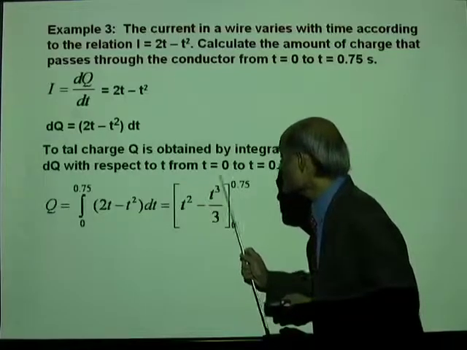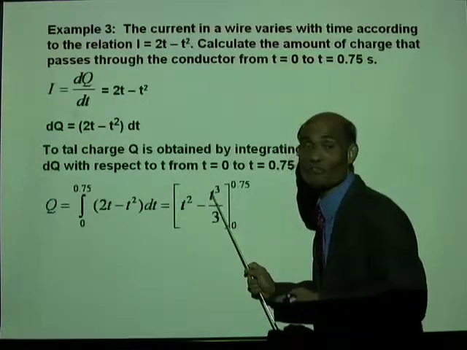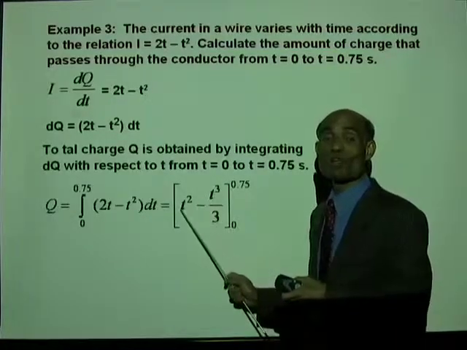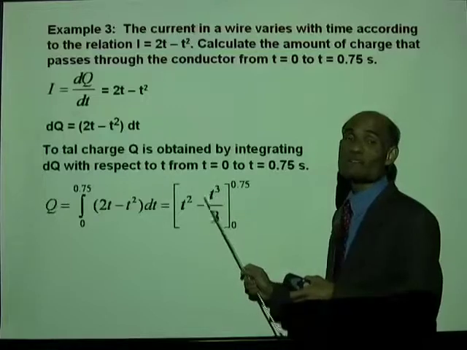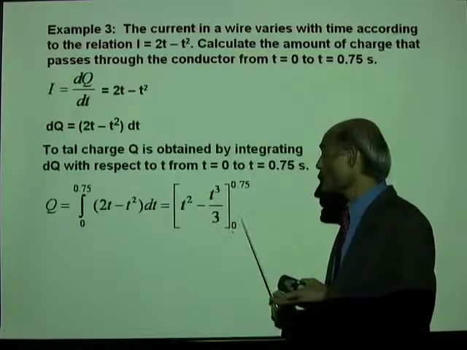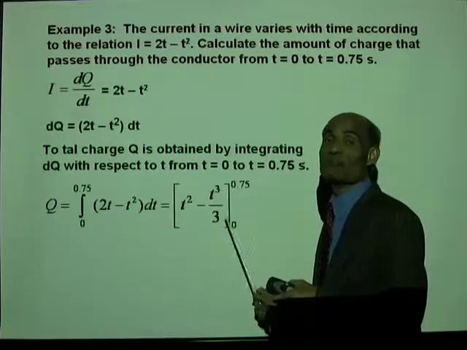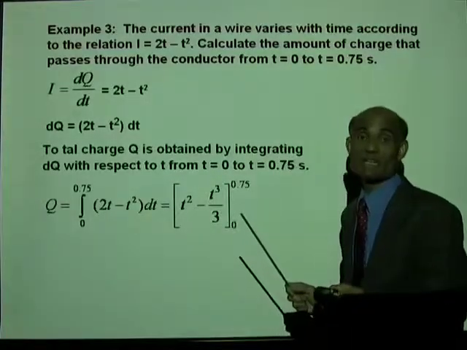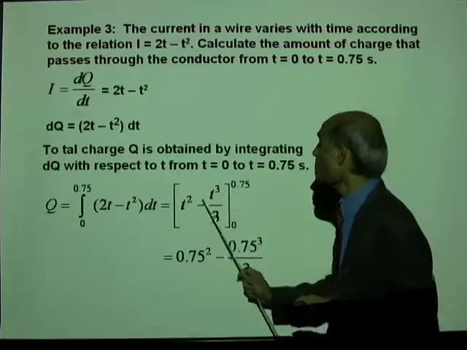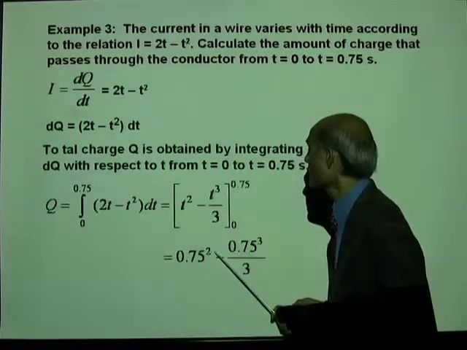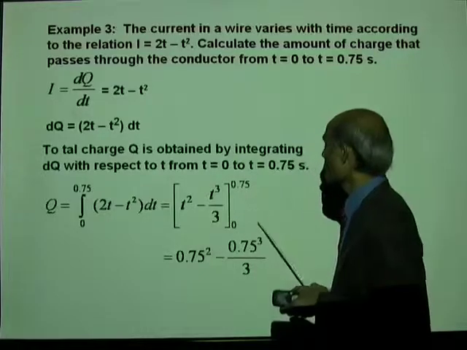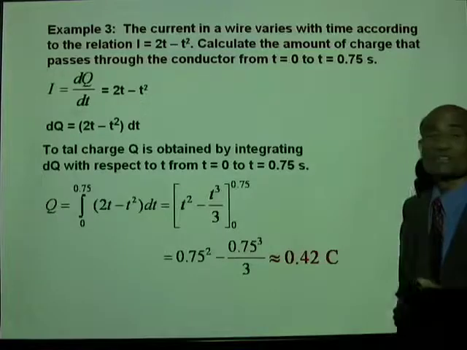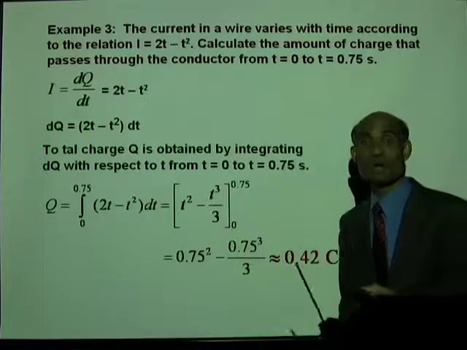Replace your t by 0.75 for the upper limit and by 0 for the lower limit. Both these values will be 0 when t equal to 0, so you can ignore the lower limit. Only the upper limit gives you any value here. That will be 0.75 squared minus 0.75 to the power of 3 over 3, and that is approximately 0.42 coulombs.